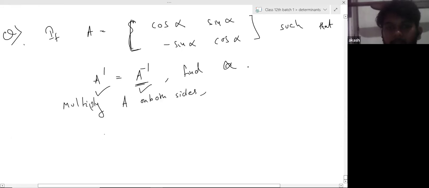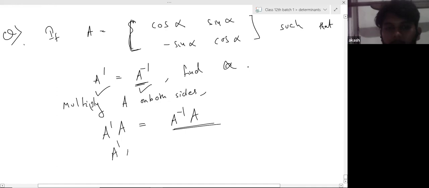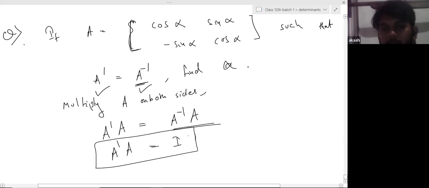So this becomes A transpose A is equal to A inverse A. Now, Krishna, what is this A inverse A? I. So this becomes A transpose times A is equal to I. This way, you can solve this question, because multiplying A transpose times A is easier than finding A transpose and A inverse. Multiply this and compare it with the identity matrix. All right.